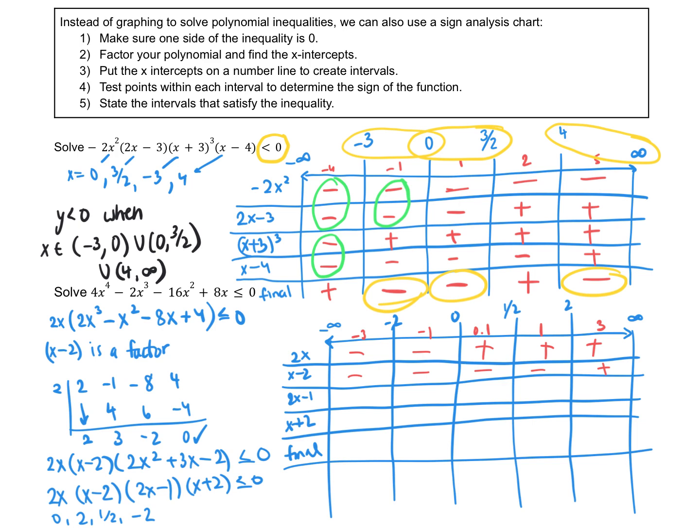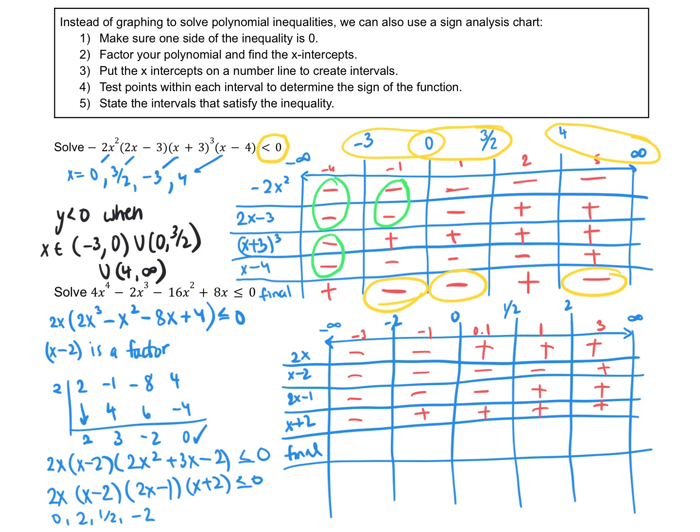So this can be really quick without a calculator. Then for 2x minus 1, I'm going to be positive once I get past 1/2. So this is going to be negative, negative, negative. When I get to 1, I'll have a positive number, and 3. For x plus 2, that's negative, and the minute I hit -2, I'm going to turn positive.